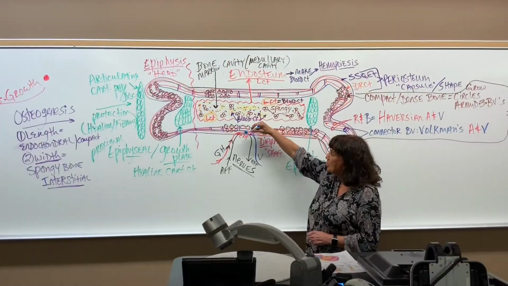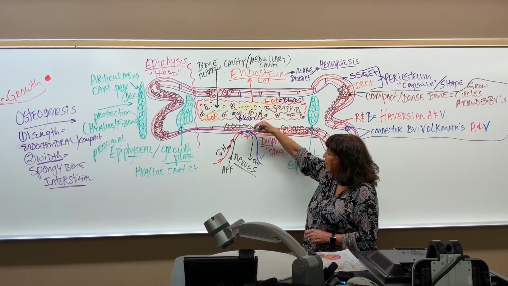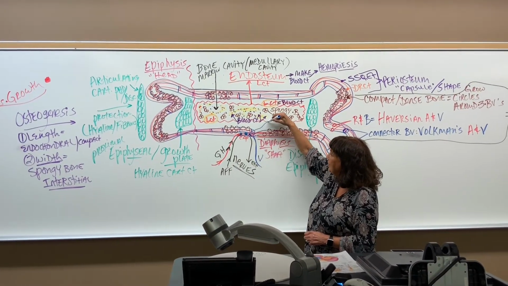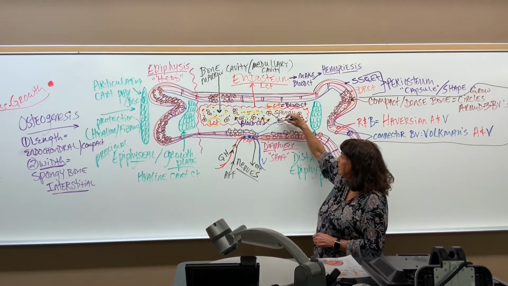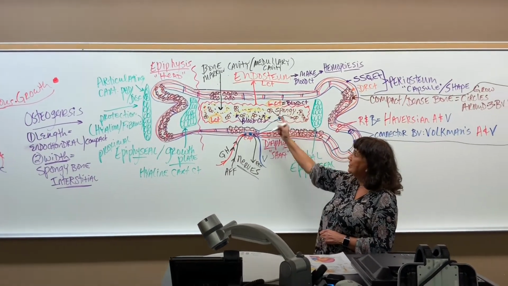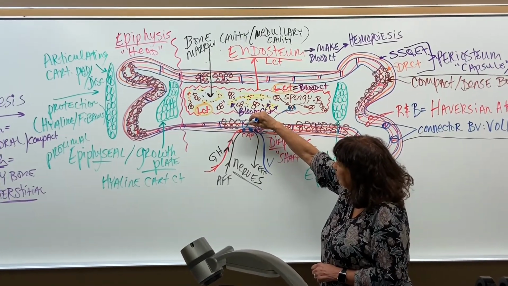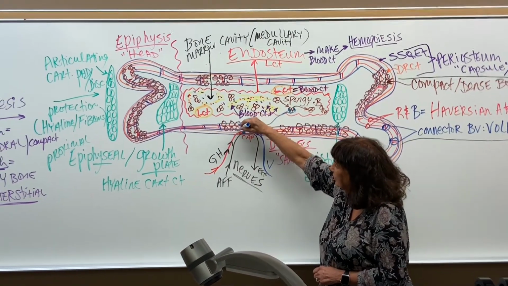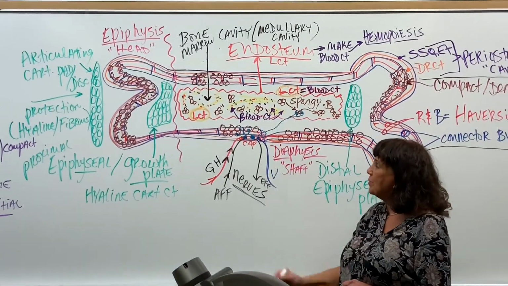Now I'm going to talk about this cell that's in your capillary right here, and it's going to come out and it actually goes and eats up your bone cells. It'll come and eat up your bone cells in the bone marrow cavity, and it will come out and eat it up out here in the dense bone area, the dense compact bone.